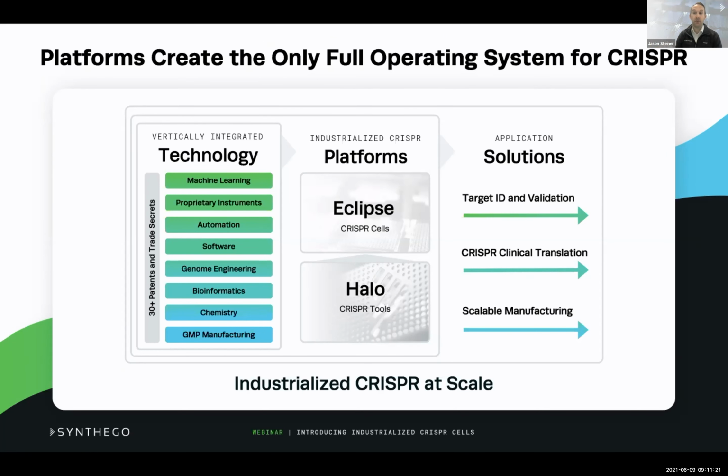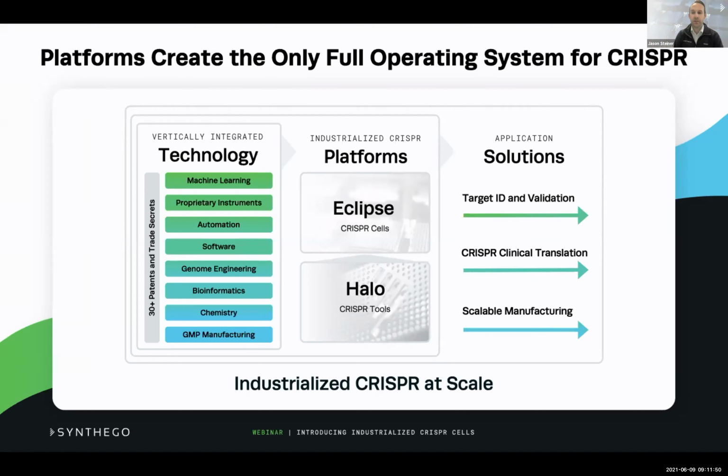They are full stack assemblies of a variety of different technologies, including proprietary high throughput hardware and software that we have built, bioinformatics and closed loop machine learning protocols, and proprietary chemistries and protocols in science that we have developed in-house. So these capabilities are integrated together into 2 primary platforms, as I mentioned, Halo for genome engineering tools and Eclipse for genome engineered cells.